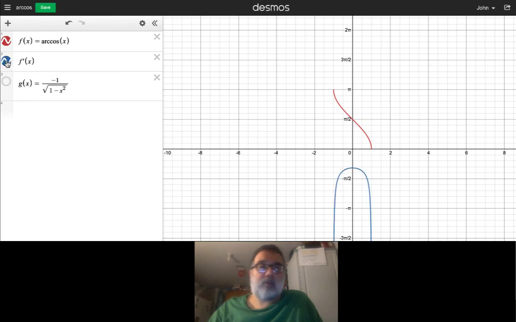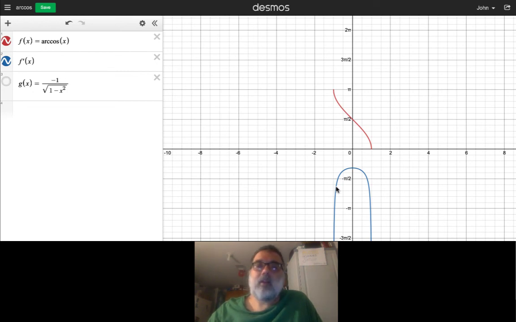And Desmos can graph the derivative. What does that look like? Well, it's interesting. It's all negative. The slope as we get close to negative 1 is infinite. So there's a vertical asymptote here, and that means the derivative is going to have this vertical asymptote as well.